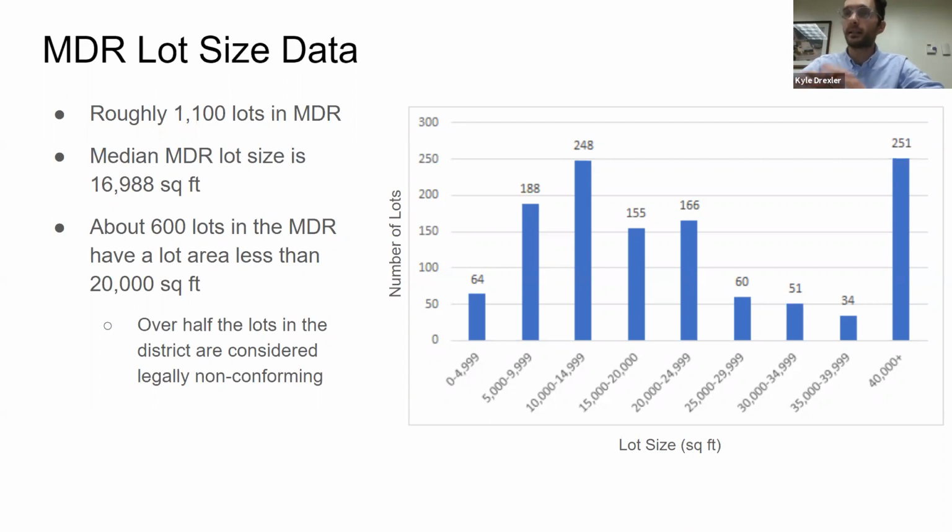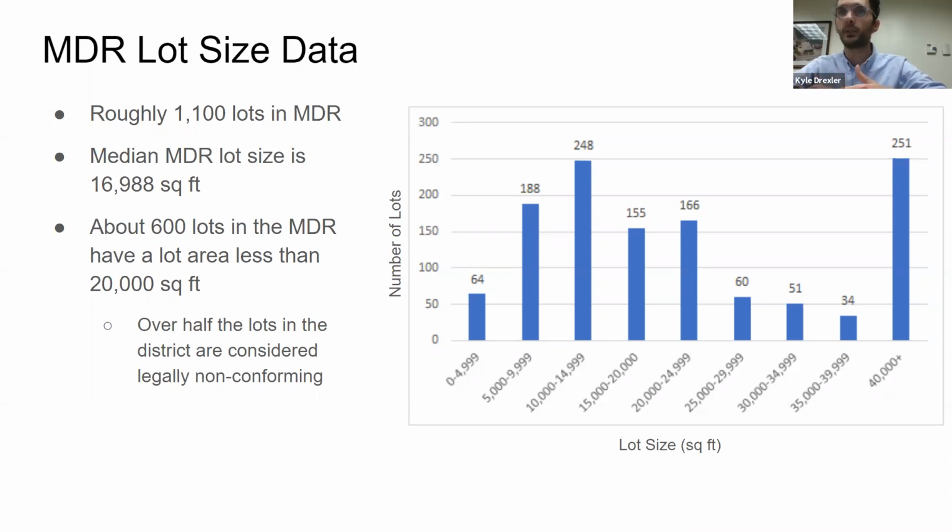There are a lot of lots on the very high end, and that's because a lot of the undeveloped lots in the district haven't been subdivided yet. They remain untouched because of, perhaps, environmental or natural resource reasons. So those are on the larger side.